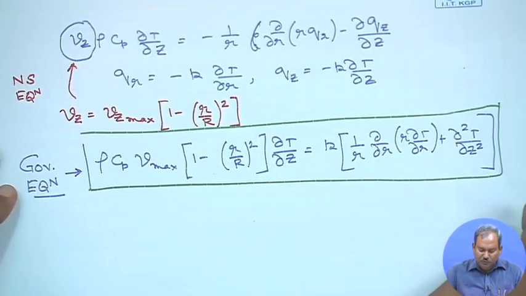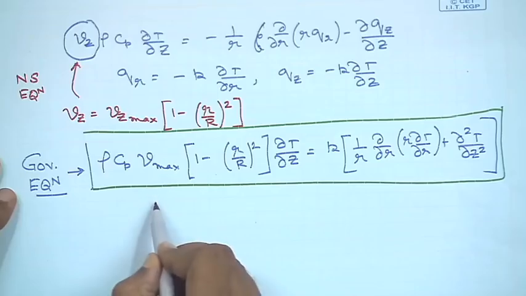Since we now have the energy equation at hand, we do not need to go through all these complex, laborious steps to obtain the governing equation. So, what I am going to do first in this class is write the z component of the energy equation, and then try to find out the governing equation.